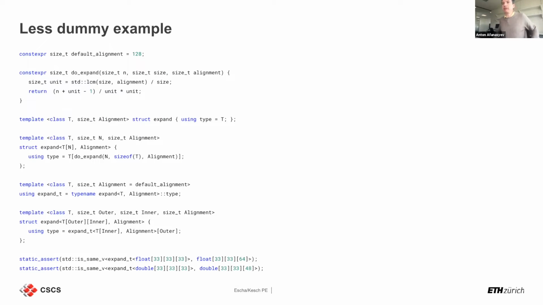Assume that we have something like a CUDA program environment where our data should be aligned into some big chunks of memory. For example, in CUDA, the spec says that this alignment should be 128.